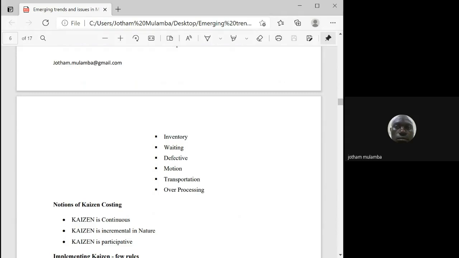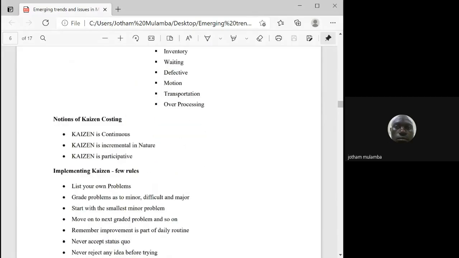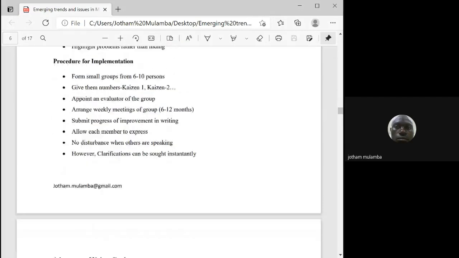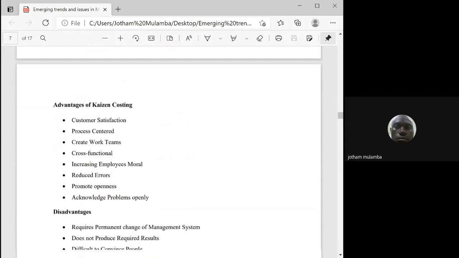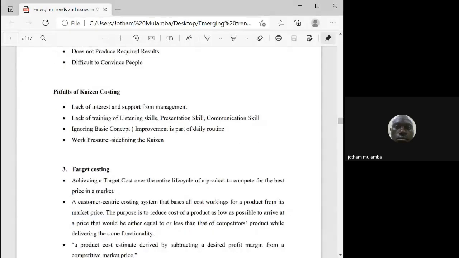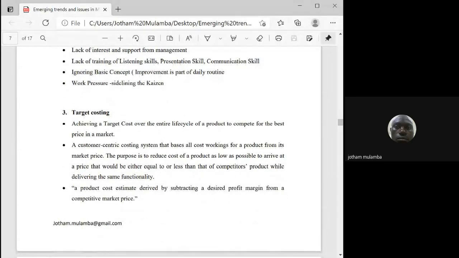We don't produce what we can't sell or what we can't dispose. So I'll give you the advantages of Kaizen and the disadvantages. We'll go through it. So the third one is target costing.